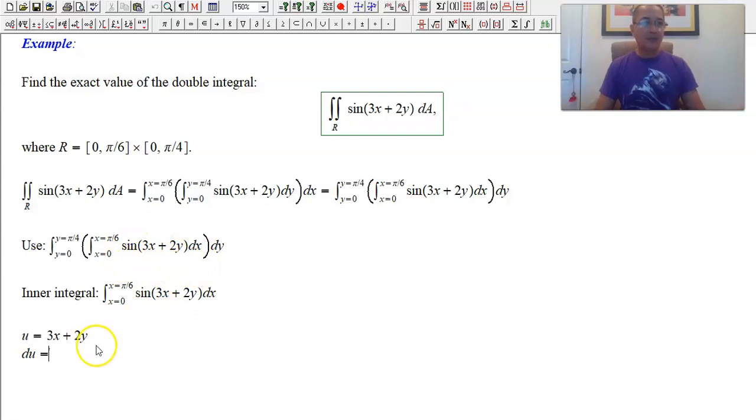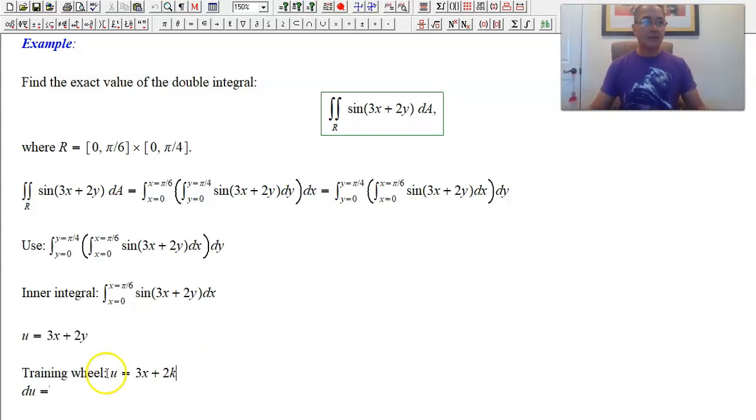If that bothers you, here's something like a training wheel: think of this as 3x plus 2k. There's no y; k is just a constant.